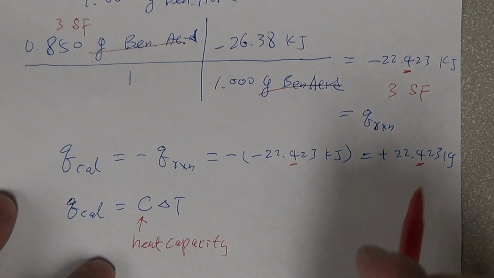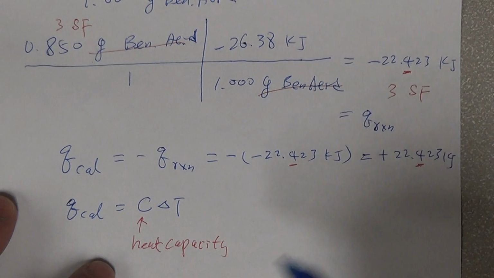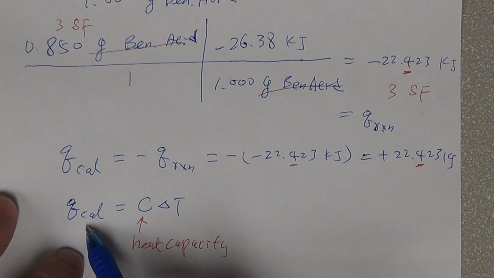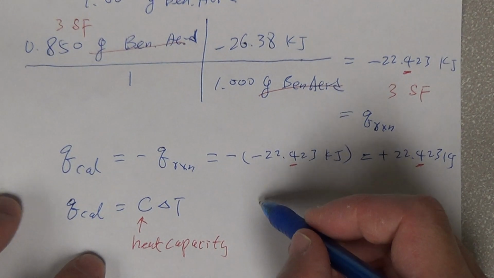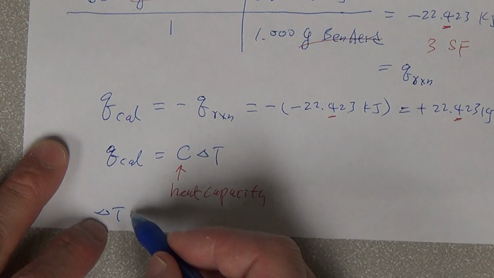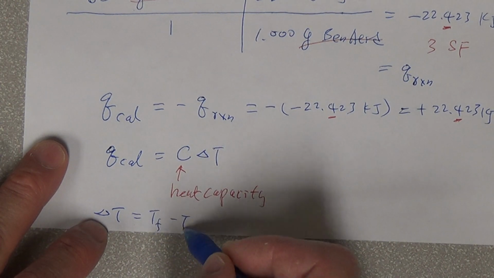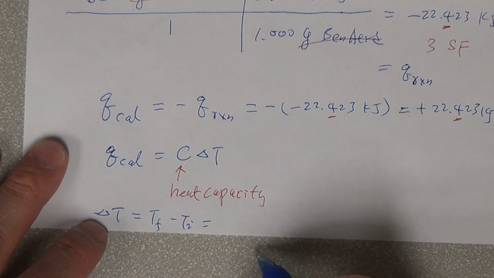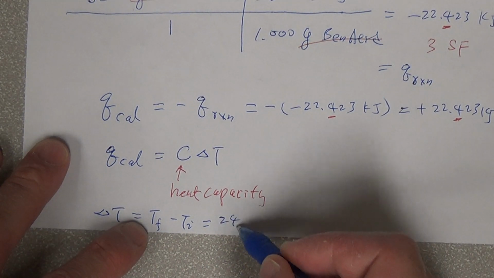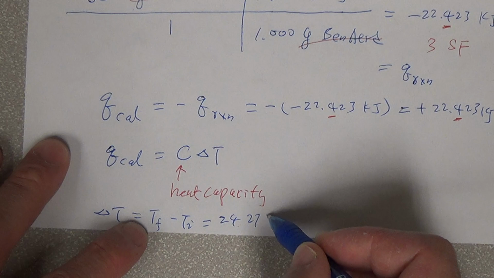So you just find out this number, because this number you already found. So delta T equals Tf minus Ti. For this problem, the given Tf is 24.27 degrees Celsius.